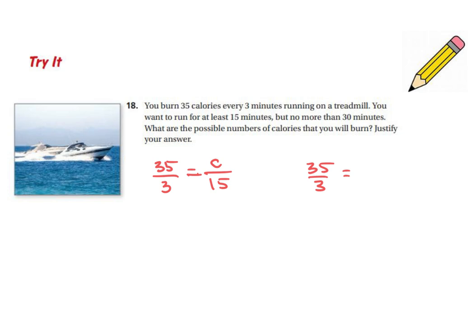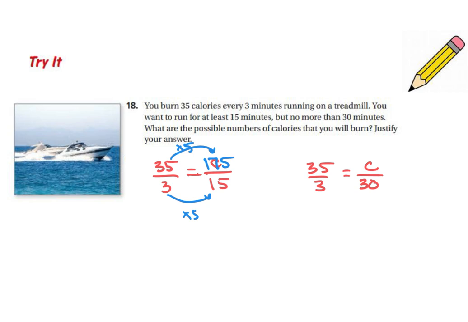But this time, let's say you go for 30 minutes, and we want to find out how many calories you'd burn. So I see right away I don't need to do cross product or anything. 3 times 5 is 15. So 35 times 5 is going to give me how many calories I'd burn. And 35 times 5 is 175.